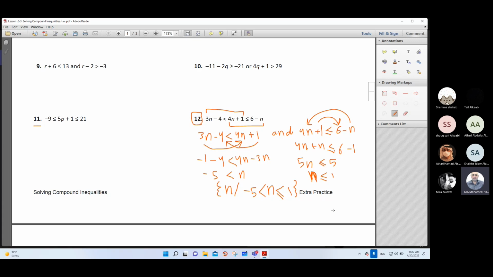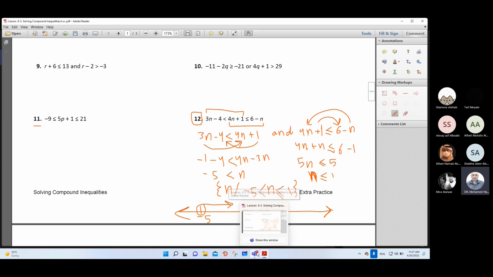The graph: this is 0, and we represent minus 5 here and 1 here. Here we don't have equal in the sign, so draw an open circle, and n greater than means the direction to the positive side. Here you have equal in the sign, so use a shaded circle, and n less than means the direction to the negative side.